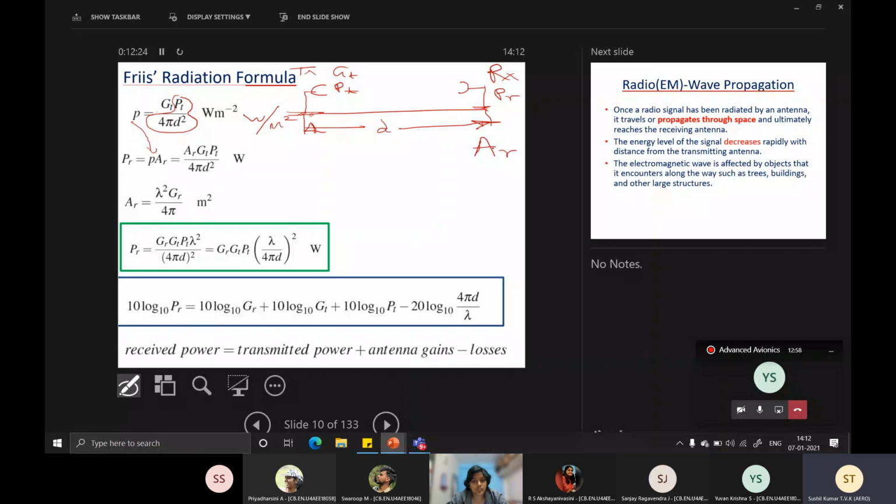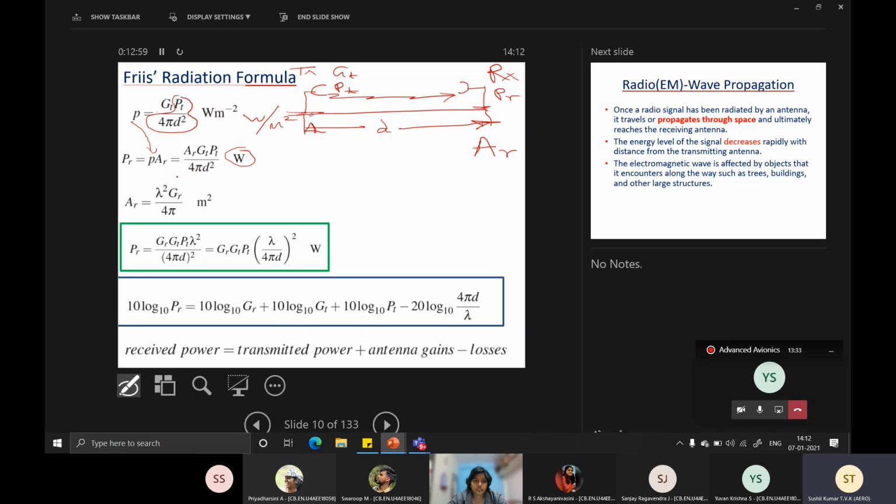So the power which will be intercepted by this antenna, because the radiation is going all over, is nothing but to multiply the small p by AR. So watts per meter squared into meter squared becomes watts. So this is what you are going to receive at a distance d.